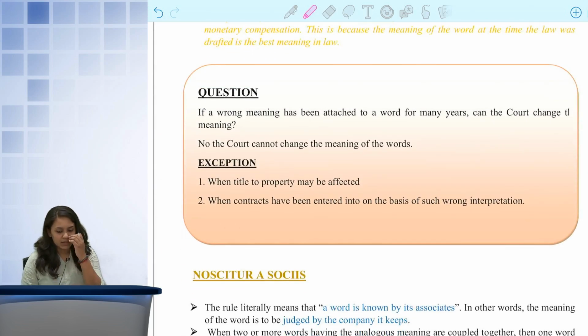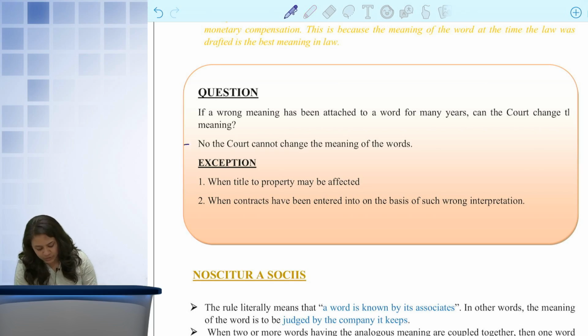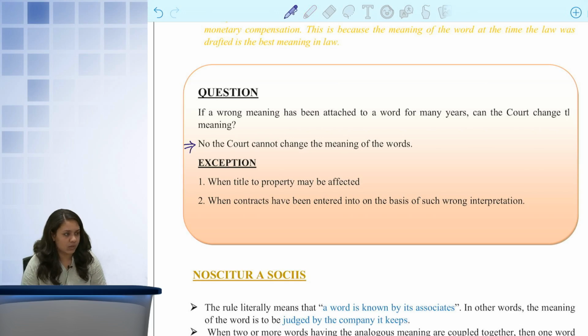So, let's say a wrong meaning of a word has been attached to a word. Can the court change the meaning of the word simply because the wrong meaning was attached to it? The answer is an absolute no. The court cannot change the meaning of the word and rather must use the exact same meaning because the contemporaneous exposition is the best and strongest position in law.